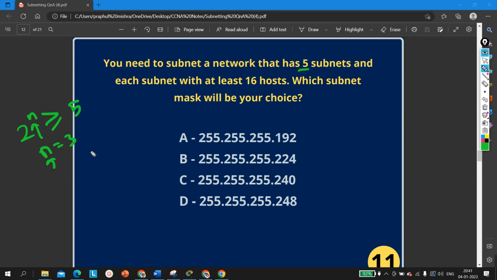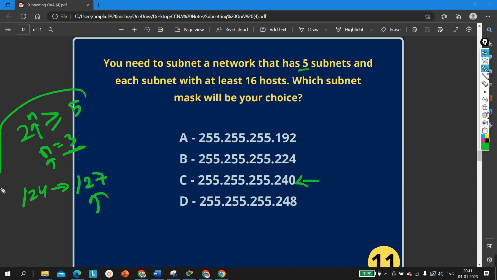So tell me what subnet mask will you use? If we use the default /24 for class C, and here we use 3 bits borrowed from the host, then the slash value will be /27. Sorry, it's 240. 240. Yes. Why? How, Kuldeep?